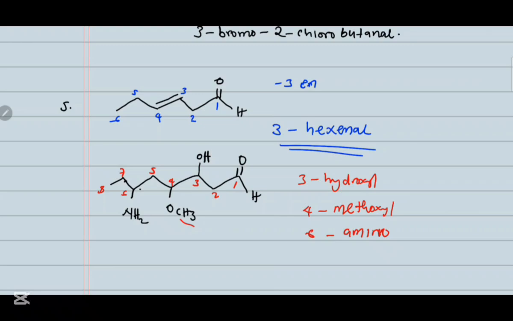From here, you arrange them in alphabetical order. So we're going to start with 6-amino. Our compound will be called 6-amino, 3-hydroxy.